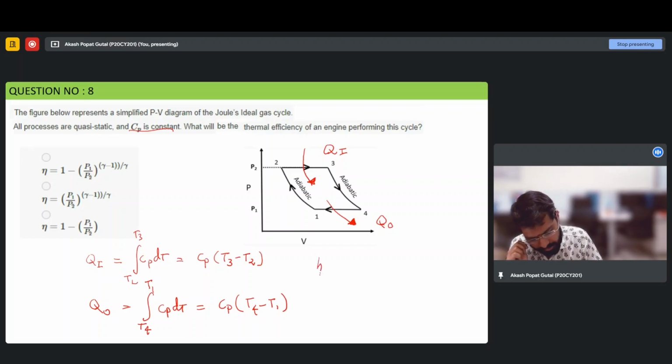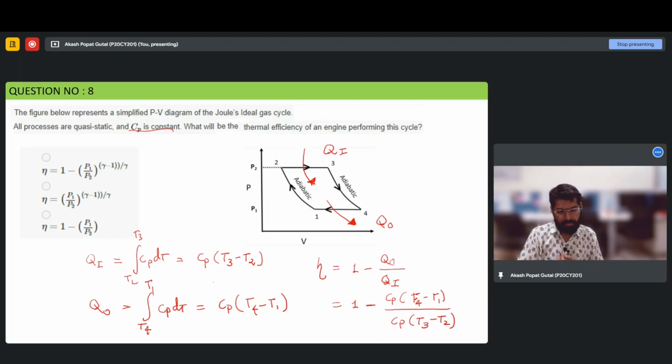And we know the efficiency of the engine is nothing but 1 minus Q out divided by Q in, and we will have 1 minus Cp times (T4 minus T1) divided by Cp times (T3 minus T2).